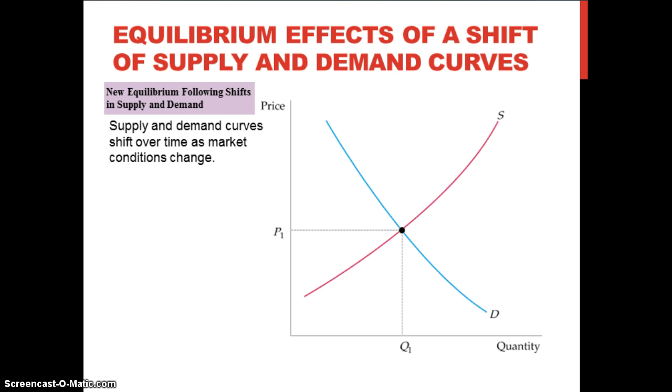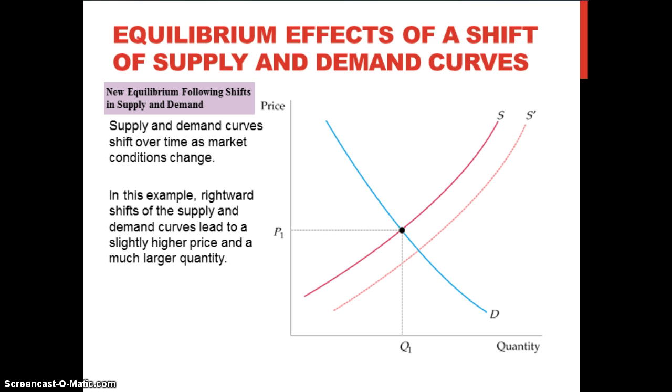So it's unlikely that only the supply or demand curve shifts. In this example, to avoid complexity, we'll just assume that both supply and demand curves shift rightward.